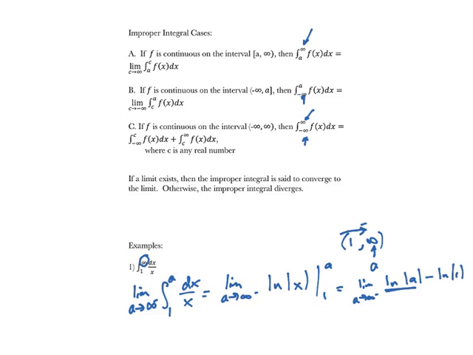So really this is the natural log of infinity, which is infinity, minus 0. Well, that does not give me an answer, so therefore I can say that the integral from 1 to infinity of dx over x diverges. I'm only going to get an answer whenever I get a number answer from my limit, not an infinity answer.